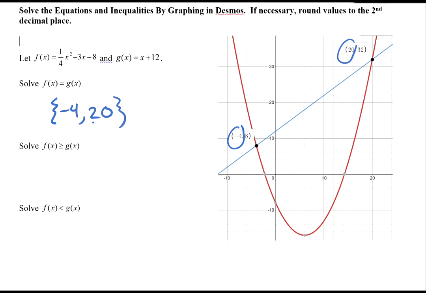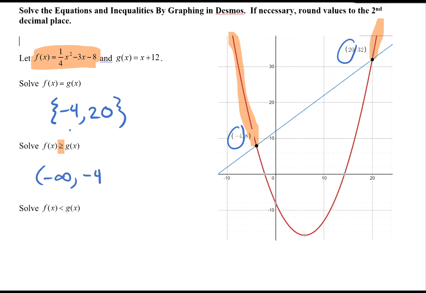If I want to be greater than, so in this case f of x is greater than g of x, that's where the quadratic equation is above the linear equation. So look for where the quadratic or the parabola is above the line, and that would be in the two regions on the edges. So I would go ahead and show those regions as -infinity, because I'm going out to the left, up to -4.